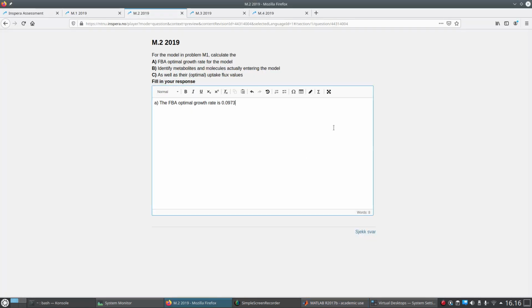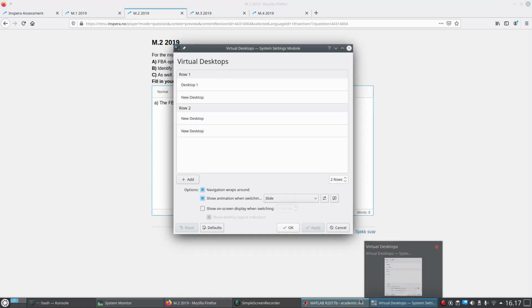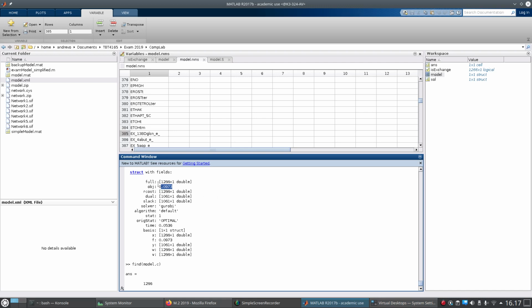Yes, 0.0973. Okay. And then we want to find the metabolites and molecules actually entering the model. So we found in the previous exercise that we had 6 exchange reactions that could actually be taken up. And if we look here at our sol object, we will have this x here, which is the value of each of our fluxes.